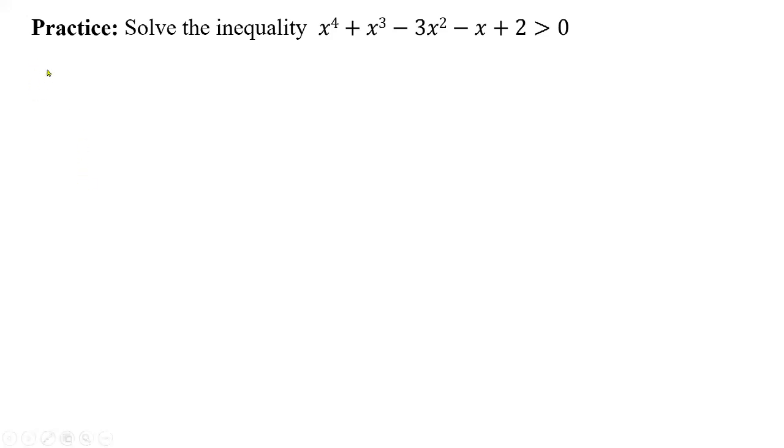Okay, this time we can let p(x) be the expression on the left-hand side. And actually, we want to find the intervals that make p(x) greater than 0, right? Okay, so this time we can use the factoring by grouping technique.